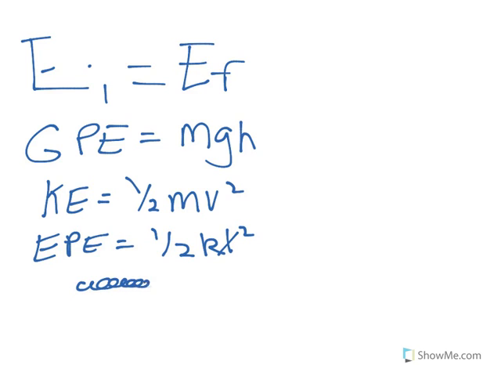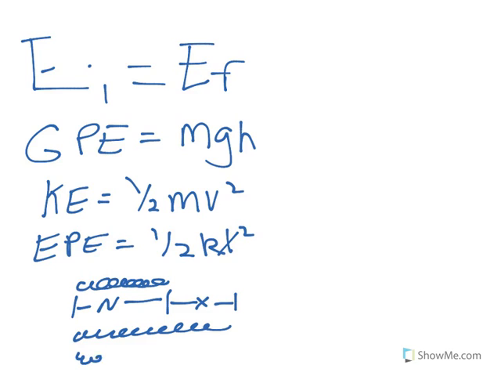So if this is the normal length of the spring, x would be, if I stretched it, this length here, and if I compressed it, this length here, right? It's the difference from normal. So you can have it either way. You can either pull the spring out in a stretch, or you can compress it in a compression. So those are the three types of energy.